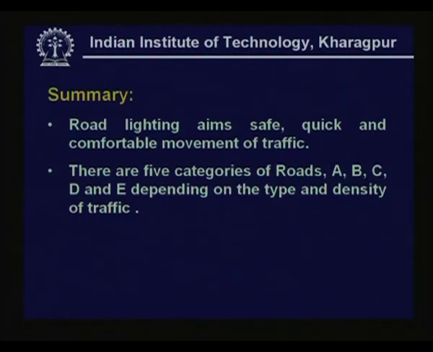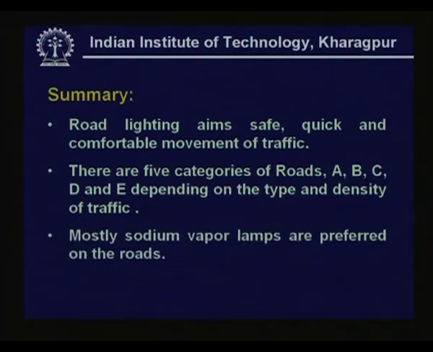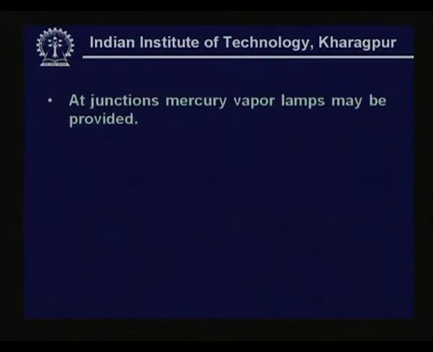That is, if pedestrians are there or not. Most road lighting prefers sodium vapor lamps. However, care is taken at junctions and curves where the intensity levels are increased. Mercury vapor lamps are provided.